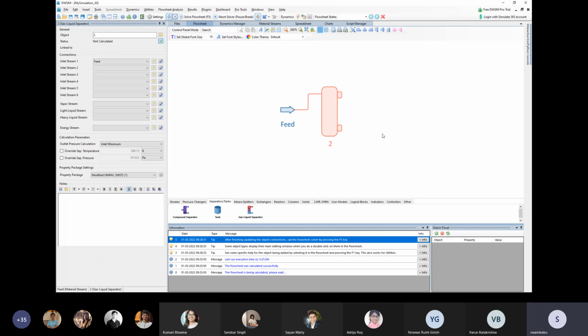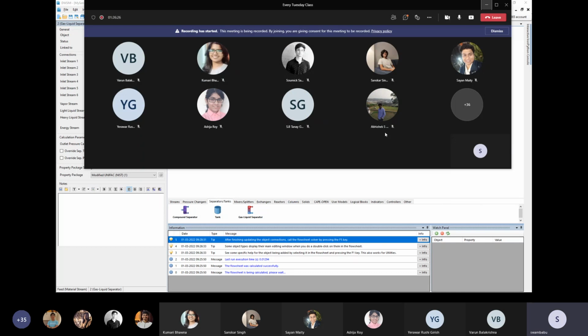So what do I need to do to create one vapor stream and one liquid stream? How do I get the vapor stream and liquid stream there? Anyone from the student side?